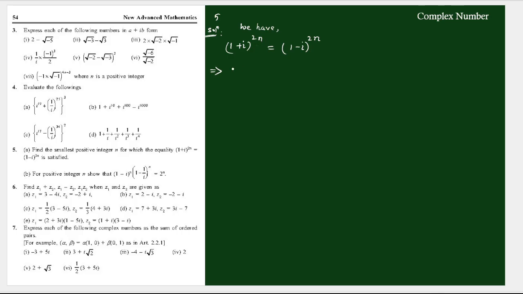Okay, we will make it using the exponential formula, (I square) to the power n. Then here we have 1 minus I, again the same, squared to the power n.